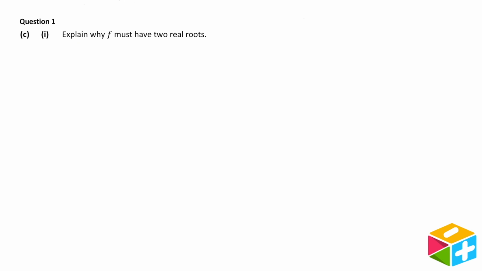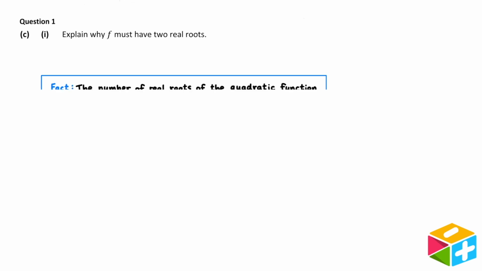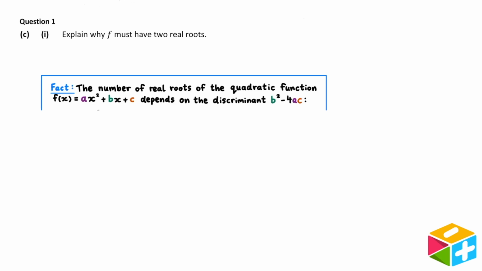The key to solving this question is the following fact. The number of real roots of the quadratic function f of x is ax squared plus bx plus c depends on the discriminant b squared minus 4ac. If b squared minus 4ac is greater than 0, then f has 2 real roots.